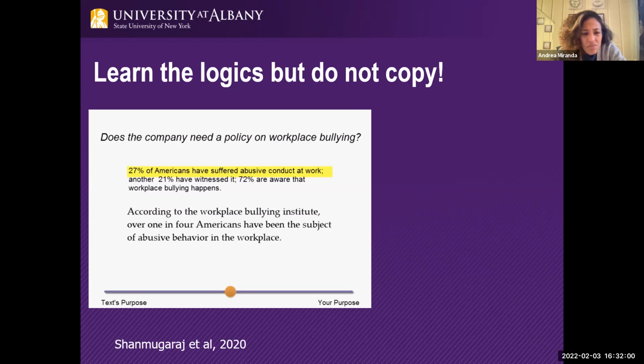I think that they are paraphrasing. Yeah, they're paraphrasing, right? They do not repeat the structure or the sentence.